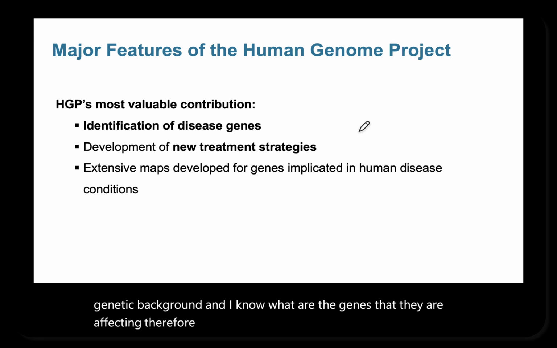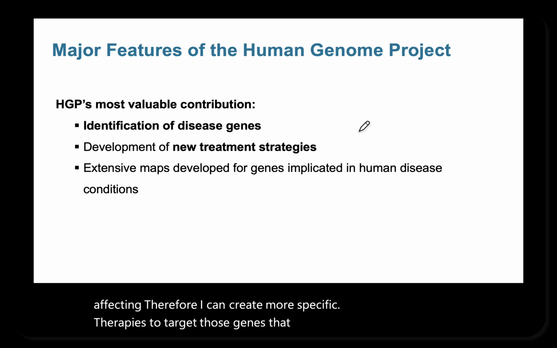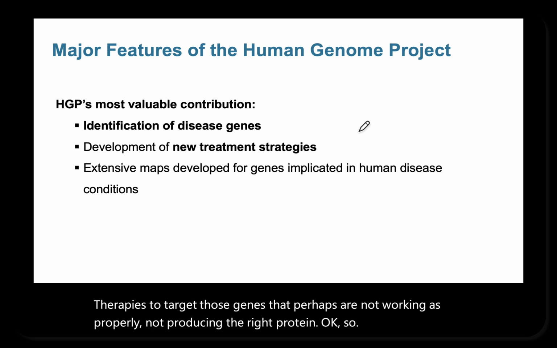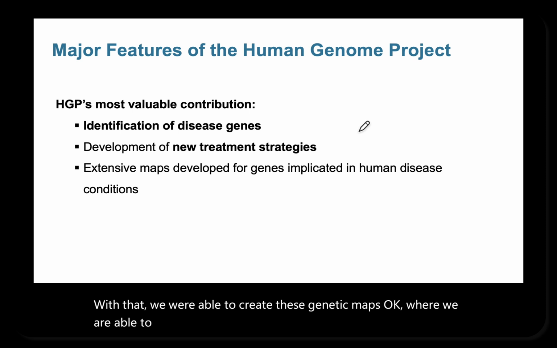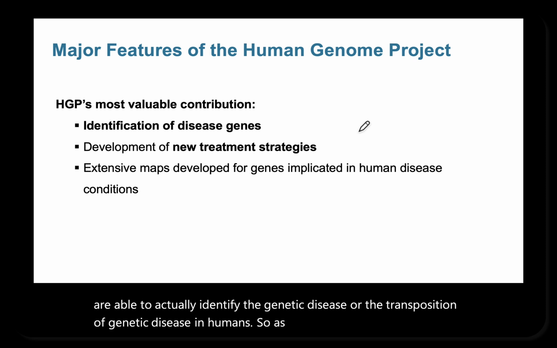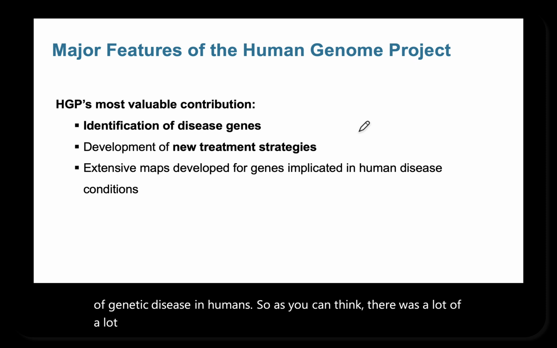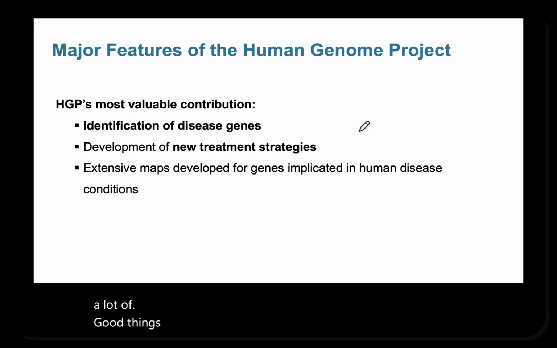Therefore, I can create more specific therapies to target those genes that perhaps are not working properly, not producing the right protein. So with that, we were able to create these genetic maps, where we are able to actually identify genetic disease or the predisposition to genetic disease in humans. So as you can think, there were a lot of good things, and also lots of concerns that came from this initiative.